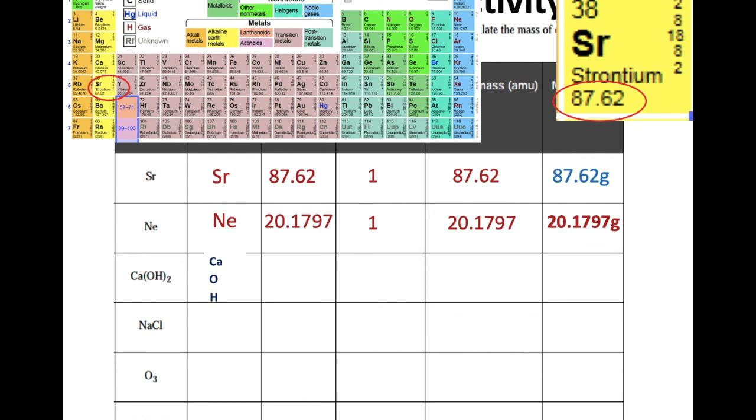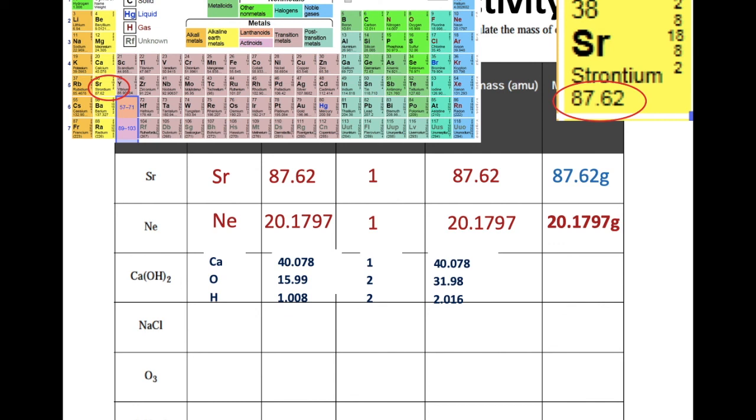I have Ca(OH)2. So all the elements I have is calcium, oxygen, and hydrogen. I'm going to look up the associated atomic masses for each one of those elements. And then I need to determine how many of each one of those I have. 1 calcium, 2 oxygen, I know that because the OH is in parentheses, and 2 hydrogen.